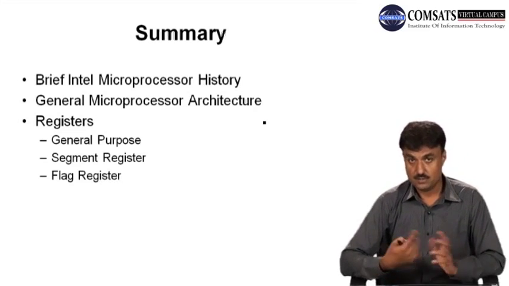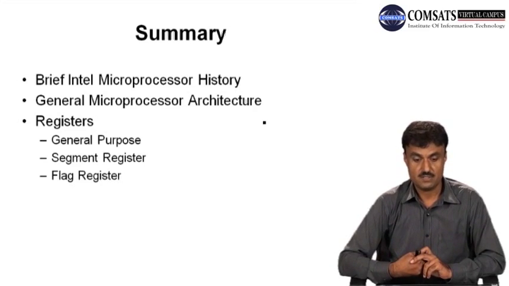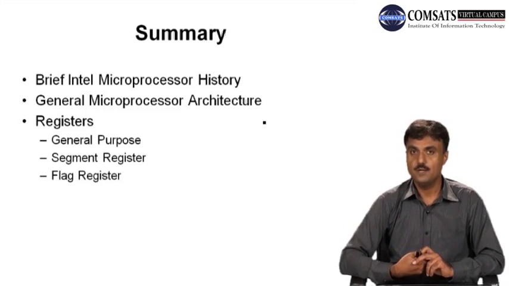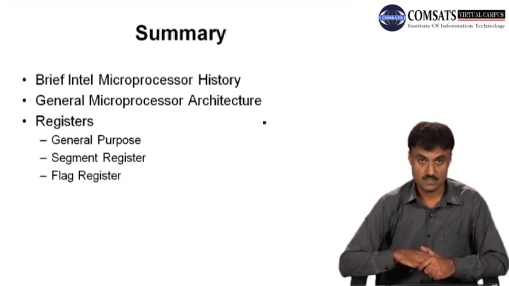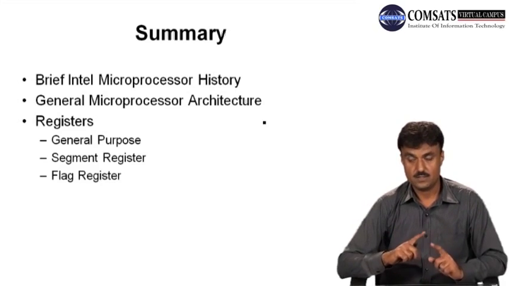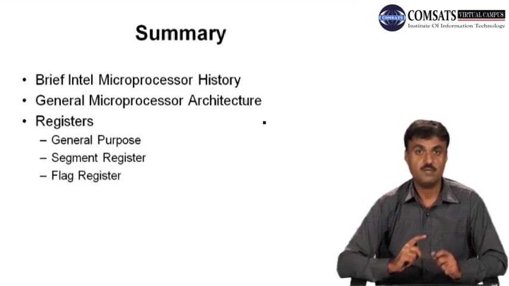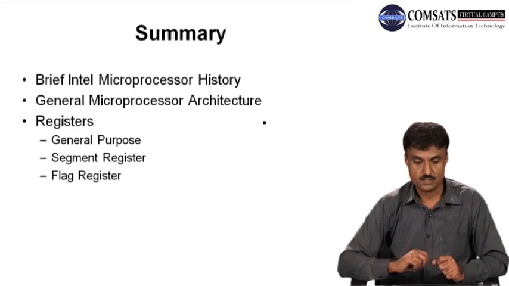We also discussed the general purpose registers, segment registers, and flag registers. General purpose registers are multipurpose registers: the accumulator and the others, AX, BX, CX, DX. In 64-bit architecture, they are called RAX, RBX, RCX, and so on.